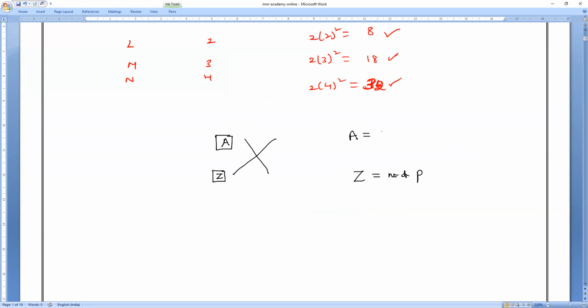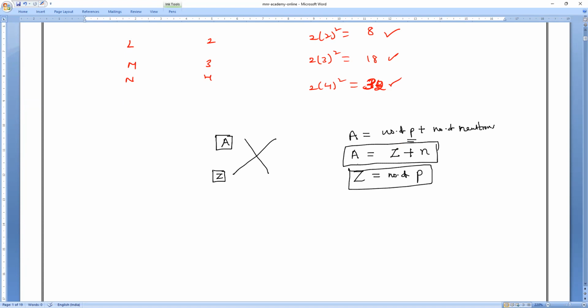Atomic mass means the number of protons plus the number of neutrons, that is, atomic number plus number of neutrons. Please learn these formulas. Without knowing this, we cannot do anything. We are going to solve exercises also, and you will experience it. I hope you all understand. If anybody has any doubt, you can ask me.